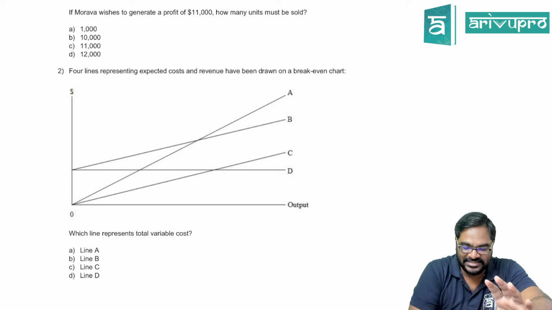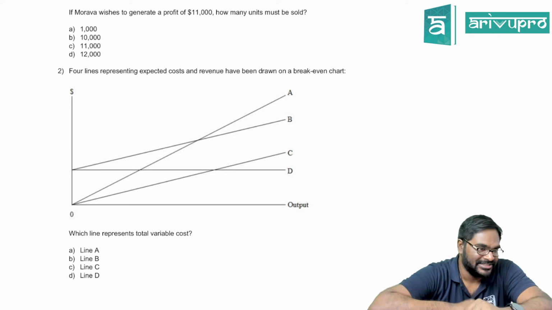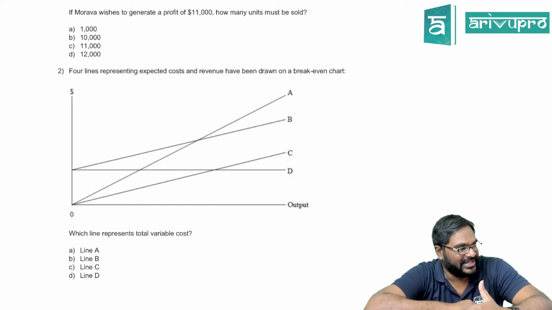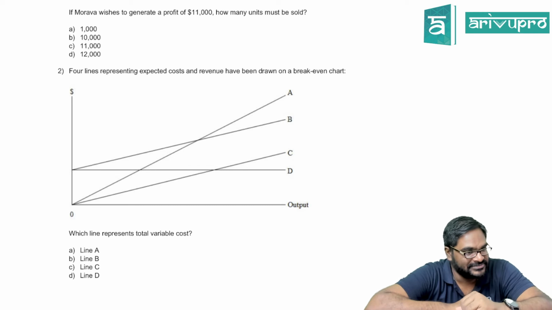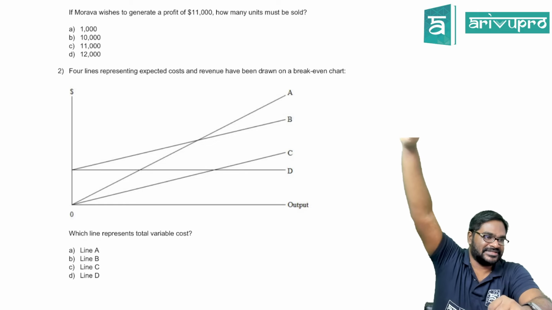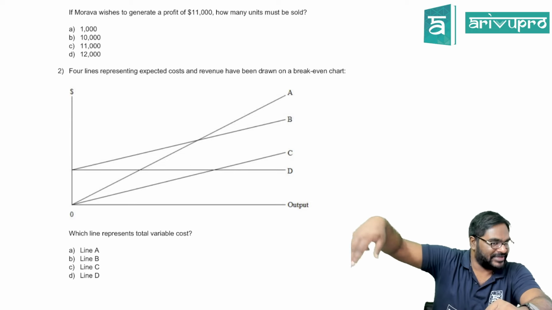So we have two lines starting from 0, A and C, isn't it? How to decide which one is the variable cost? The lower one would be the variable cost. Then what would be the higher one? Super. The one going up would be the revenue. The one going below that would be the variable cost.